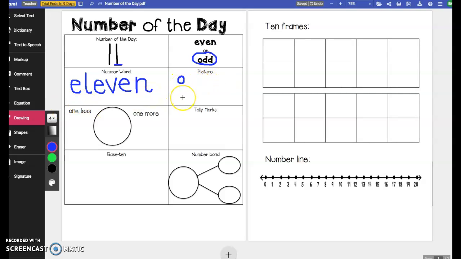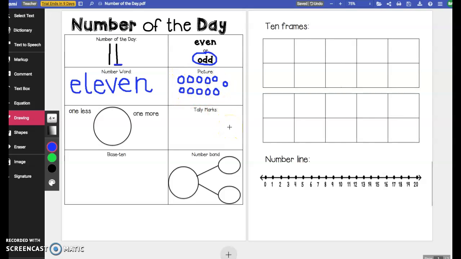All right, so now let's go ahead and draw a picture with 11 circles to be able to use for when we add and subtract. So we've already got the first one, 1, 2, 3, 4, 5, 6, 7, 8, 9, 10, 11.